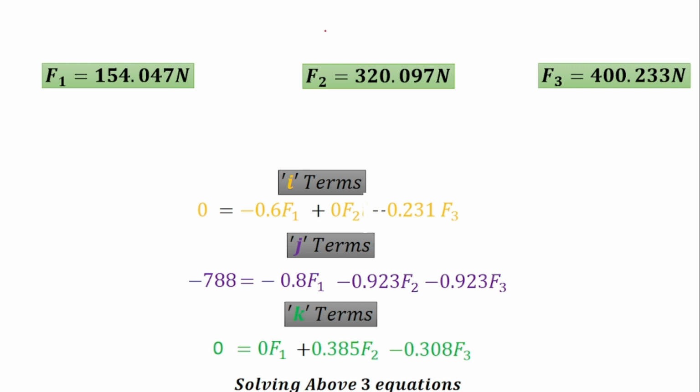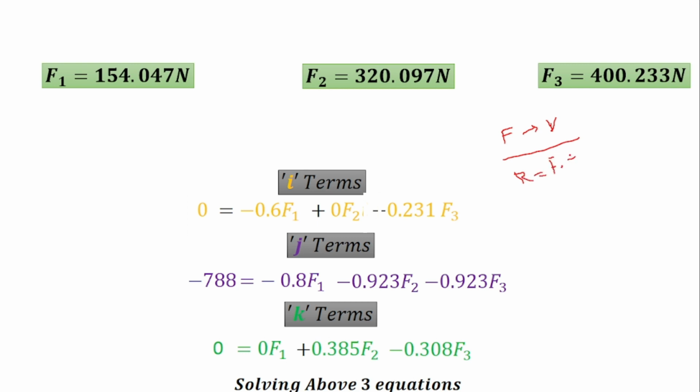By following these simple steps, we can easily solve concurrent force system problems. They are slightly less complex as compared to the general force system. If a question is asked on the concurrent force system, you are lucky, you can solve it. For that, you should know how to convert the given force into vector form and you should not make any mistake during the calculation. After finding the vector form, the resultant is just the simplification of the forces.